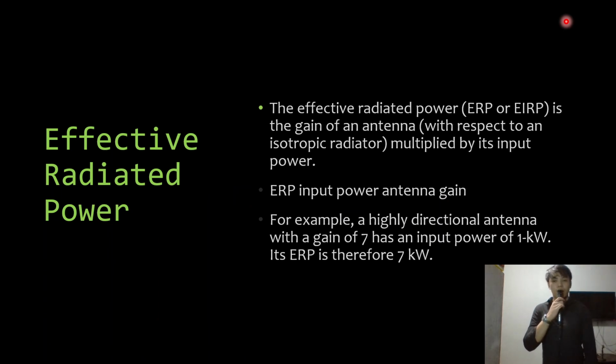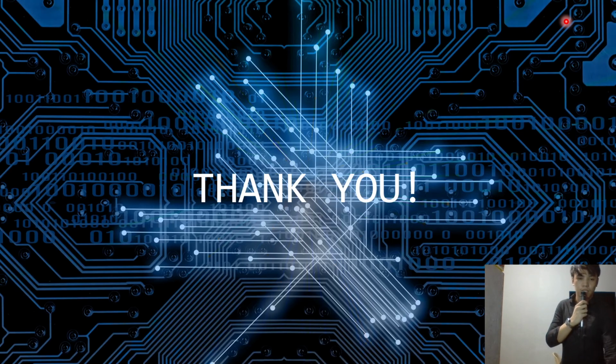So effective radiated power is the gain of an antenna with respect to an isotropic radiator multiplied by its input power. So ERP equals input power times antenna gain. For example, a highly directional antenna with a gain of 7 has an input power of 1 kilowatt, and its ERP is therefore 7 kilowatts.